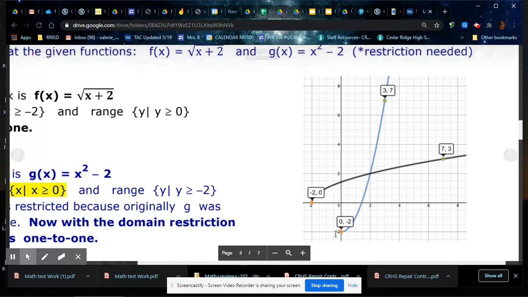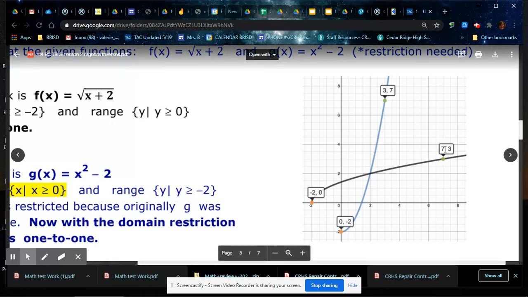We got rid of all the negative X's over there. So if we restrict it, now all of a sudden, look at this graph. Look how they relate to each other. All of the coordinates are swapped, right? 0, -2, -2, 0. All the coordinates have a switch there.